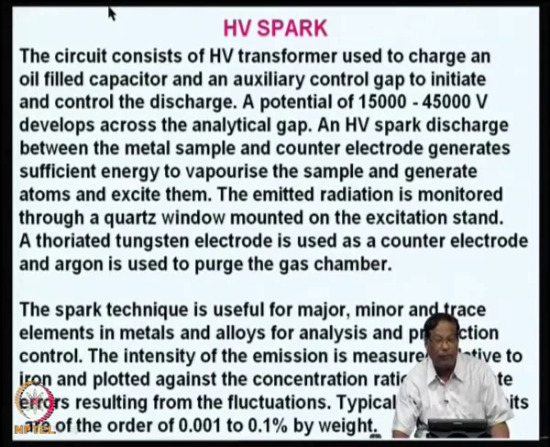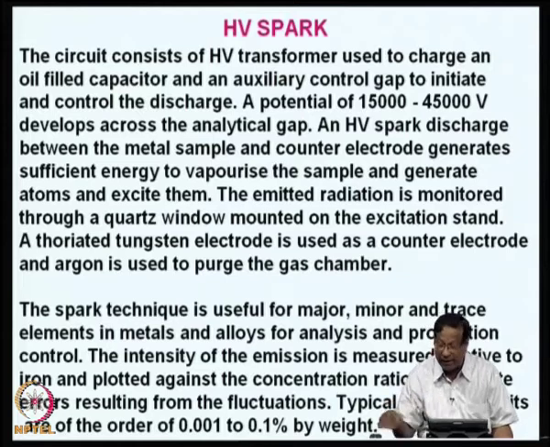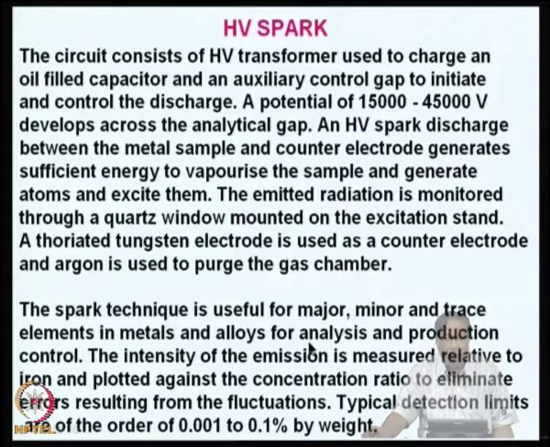For example, in steel foundries, the spark technique is more preferable than the arc technique, and the intensity of the emission is measured relative to one particular metal, preferably iron, and plotted against the concentration ratio to eliminate errors resulting from fluctuations. That means, typically you take iron as the parent element and plot the concentrations of the metals with respect to their emission wavelengths, and then you take the ratio.